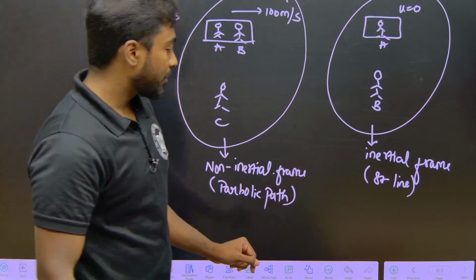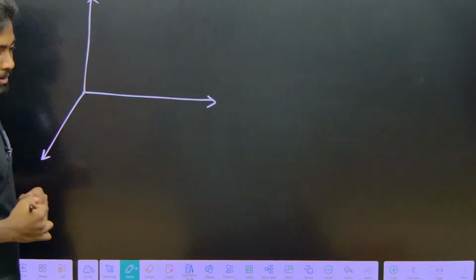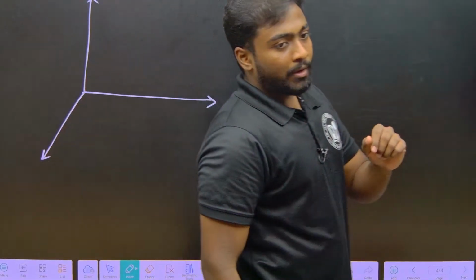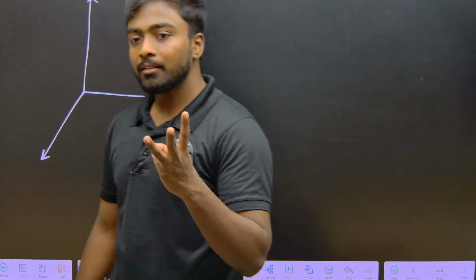Okay, that's it. Now, if I talk about position, we are going to talk about three things: one dimensional, two dimensional and three dimensional.